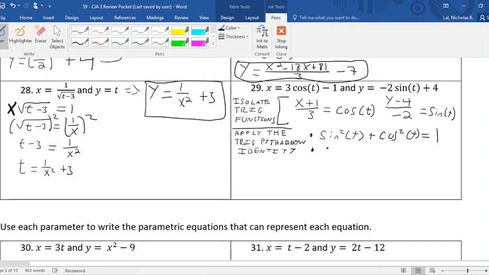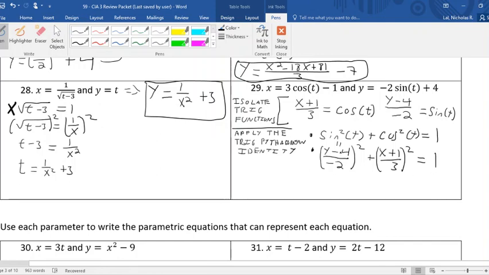If y minus 4 over negative 2 is the sine of t, then y minus 4 over negative 2 squared is the sine squared of t. If x plus 1 over 3 is the cosine of t, then x plus 1 over 3 squared is the cosine squared of t. This is all equal to 1.